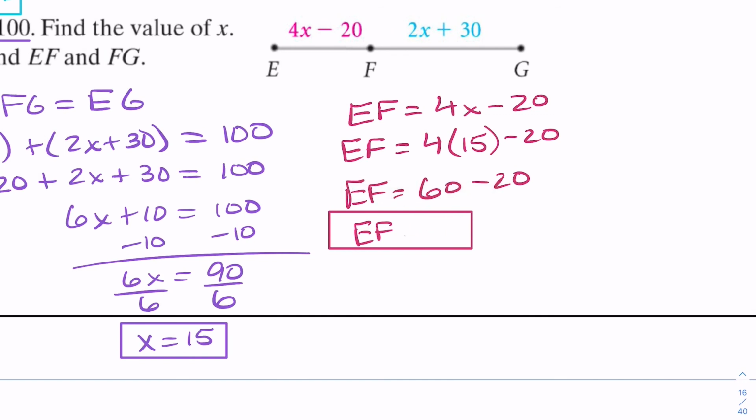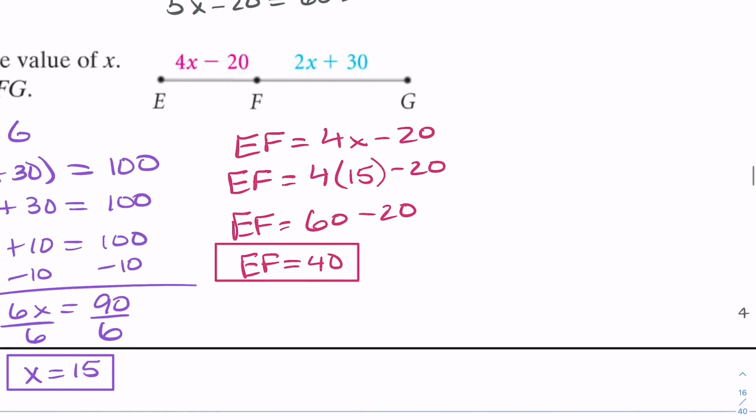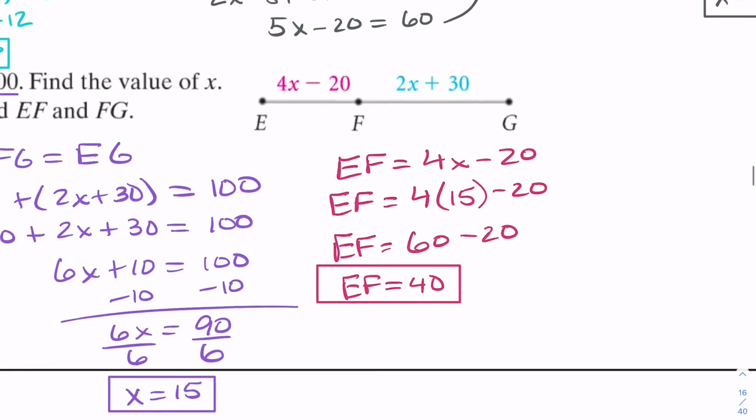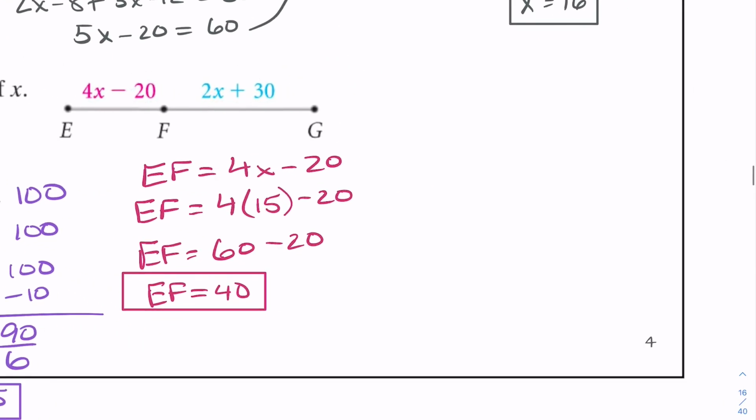Okay. And lastly, FG. So listen, if this whole thing's 100 and that one's 40, what's left over? And the answer, yeah, is 60. So I should have 60 left over. So if I did everything right, I should get 60.